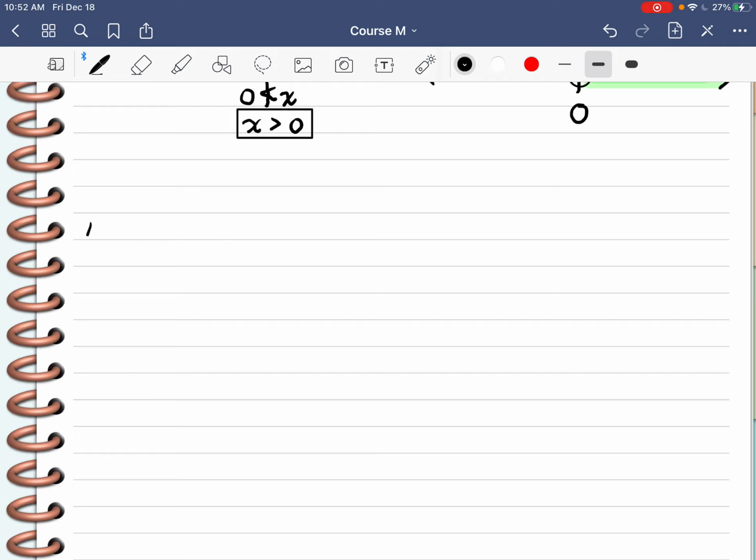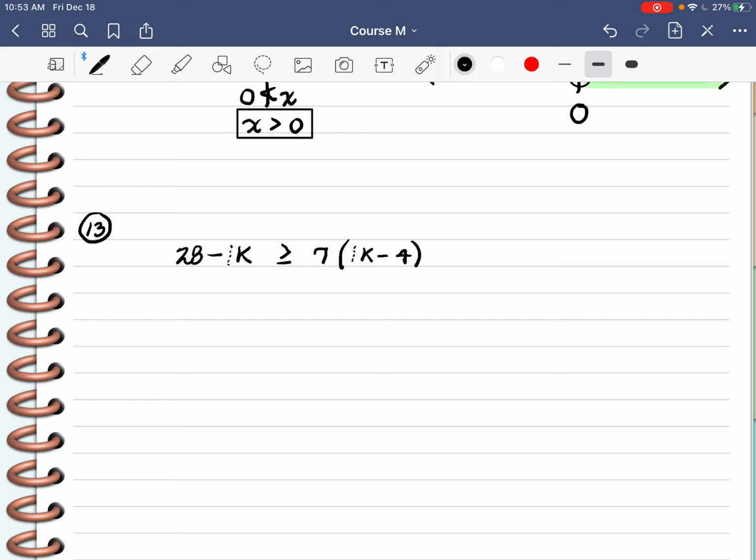Alrighty, number 13. I have 28 minus k, and you can go ahead and put a ghost 1 with that if you want to, is greater than or equal to 7 parentheses k, put your ghost if you want it, minus 4.